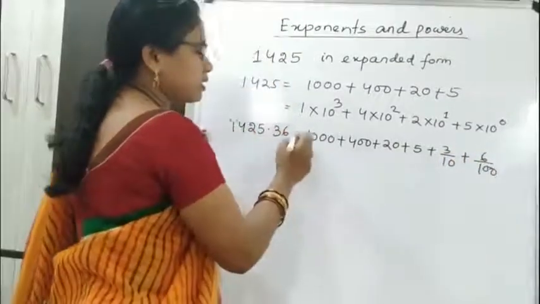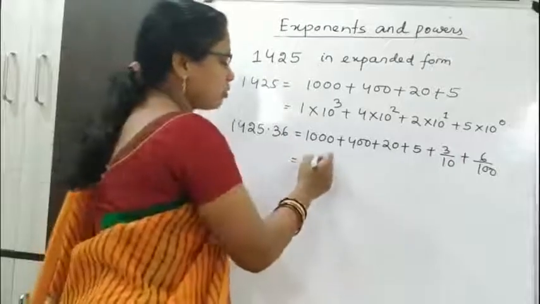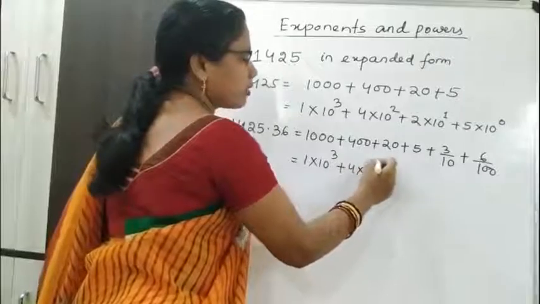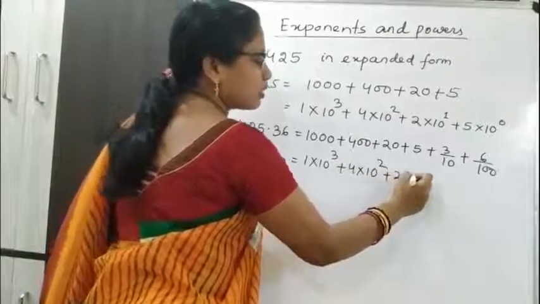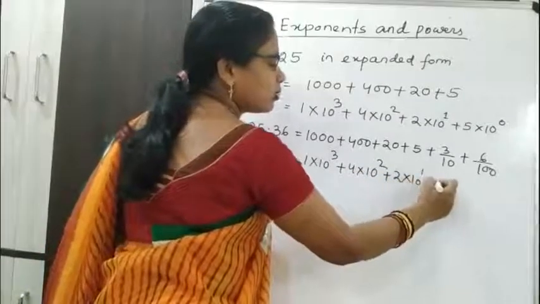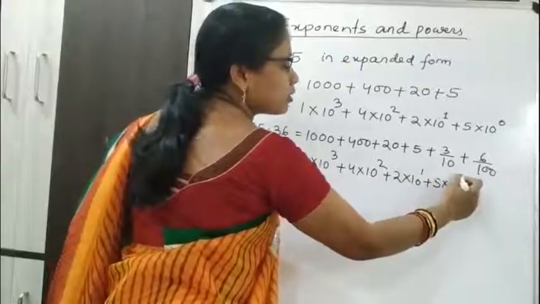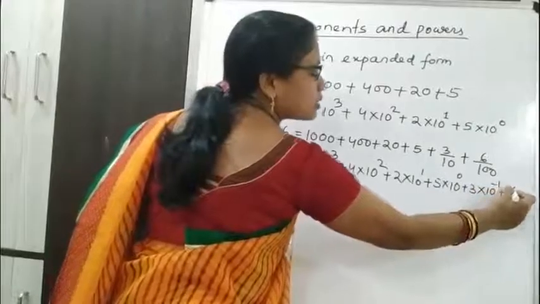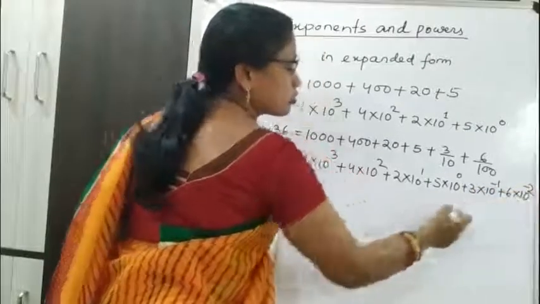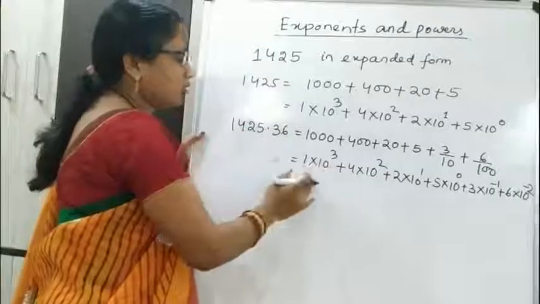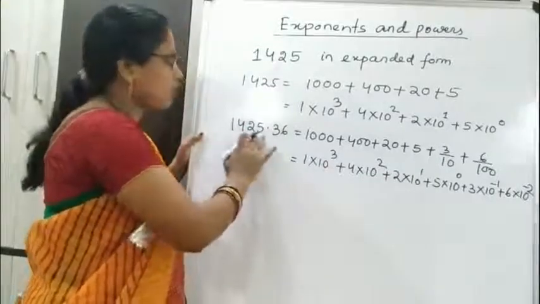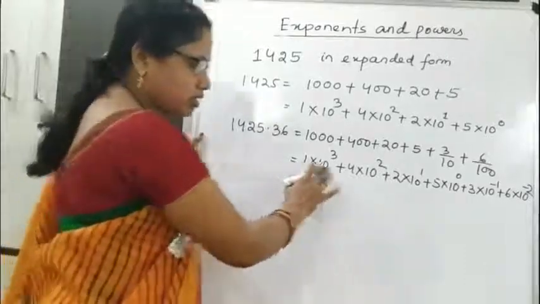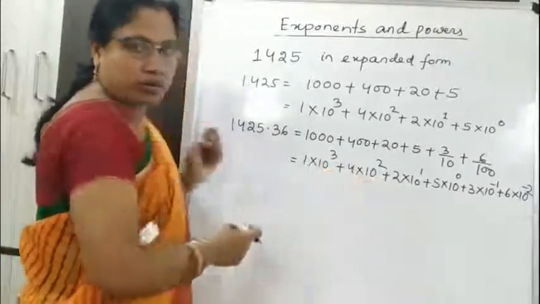Or this can be written as in exponential form 1 into 10 to the power 3 plus 4 into 10 to the power 2 plus 2 into 10 to the power 1 plus 5 into 10 to the power 0 plus 3 into 10 to the power minus 1 plus 6 into 10 to the power minus 2. So in this way we can write the expanded form of 1425.36. So this is the application of exponential form.